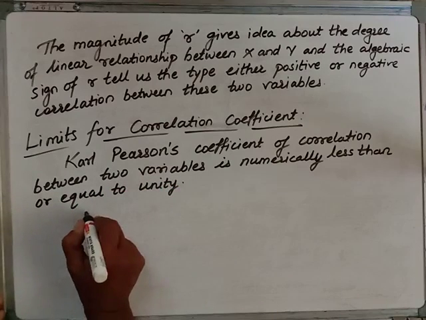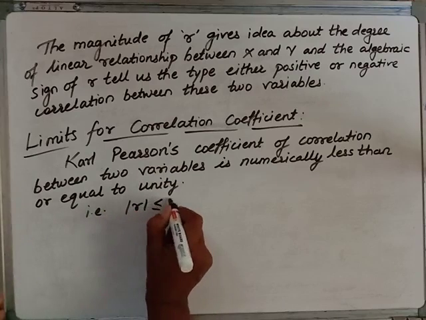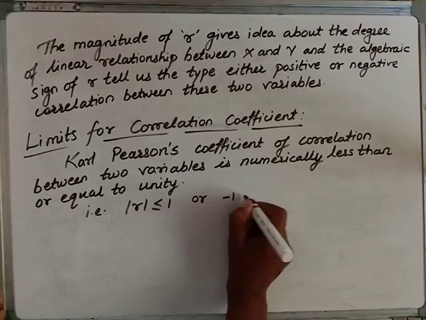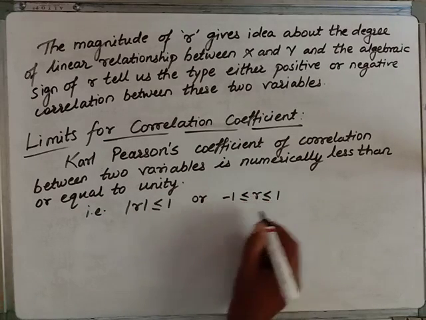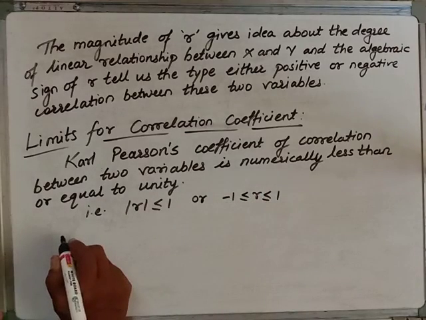That is, modulus of r is less than or equal to 1, or it can be written as -1 ≤ r ≤ 1. Means r lies in the interval -1 to 1.